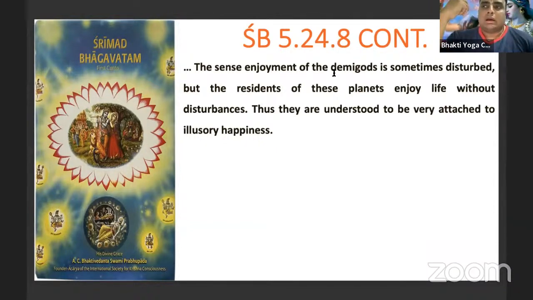So it is really not worth even thinking about going to Swargaloka. And even those who end up in Janaloka, Tapoloka, or Satyaloka have to continue their practice of Krishna consciousness so that they can be liberated from the material universe.